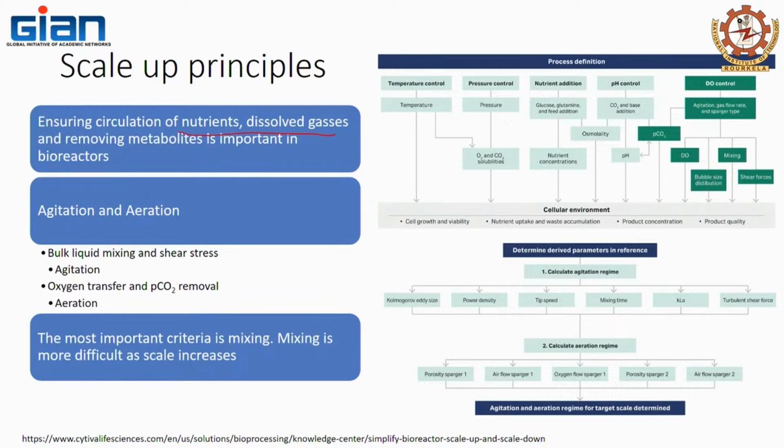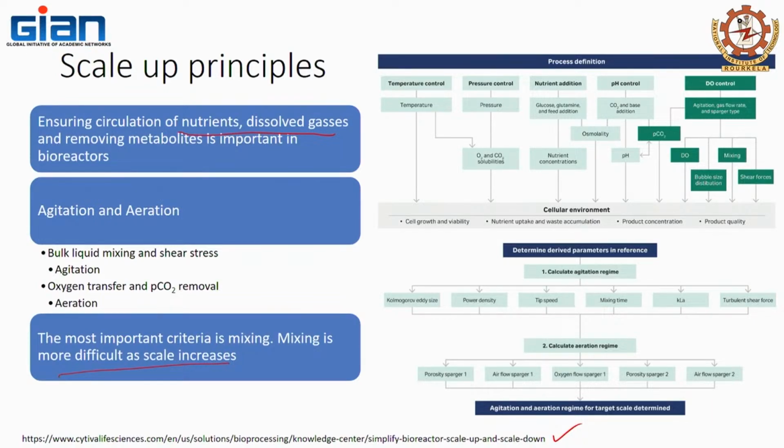Oxygen transport and pCO2 removal is through the aeration aspect. Mixing is more difficult as scale increases. Mixing does become an issue as the scale increases. On the right hand side you can see the process definitions. I would like you all to look at this particular link to get the same graphs that I am using here.